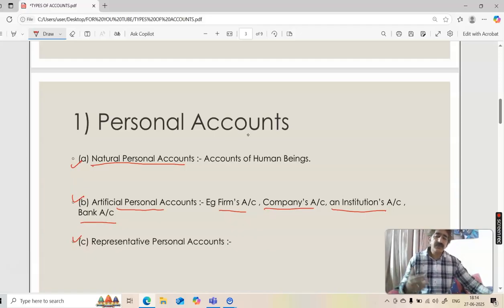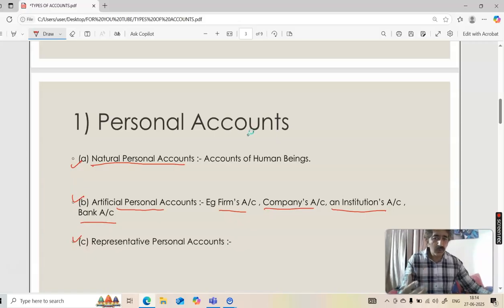So suppose your parents go to Punjab National Bank where your school's account is present. Your parents will deposit the fees, your fees, in the name of school. And school, suppose St. Joseph's Academy. Okay, it's a school name.